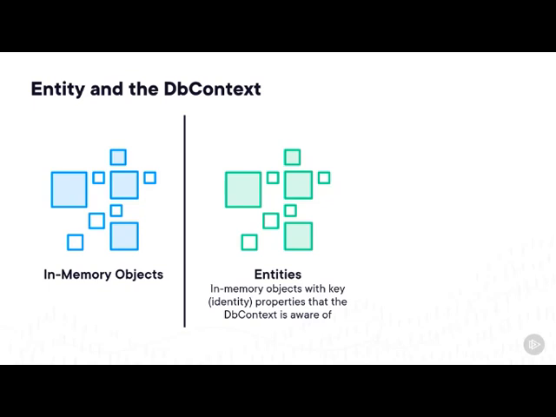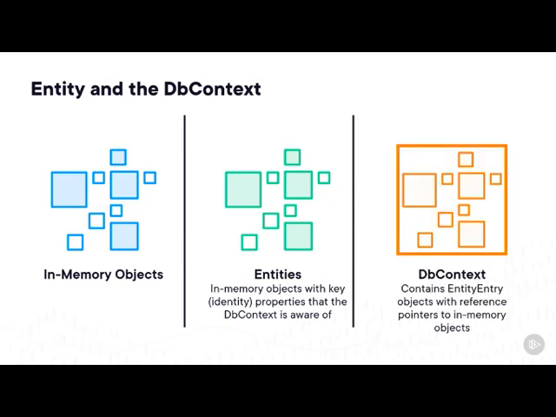There's another critical aspect of an object required for it to be an entity and for EF Core to be able to track it. It must have a key property. Recall the author has one called ID, and the book has one called book ID. That identity property is pretty important for storing data in the database so that you can identify one from another.